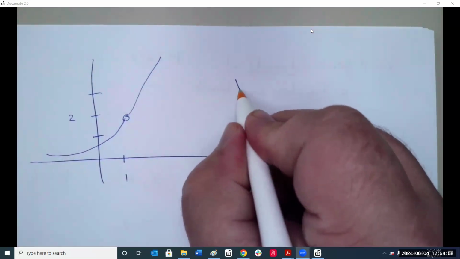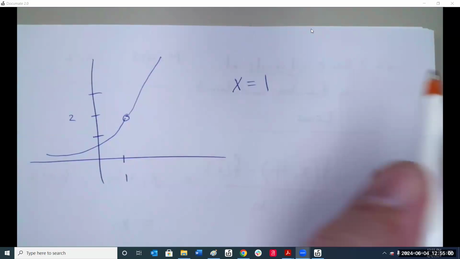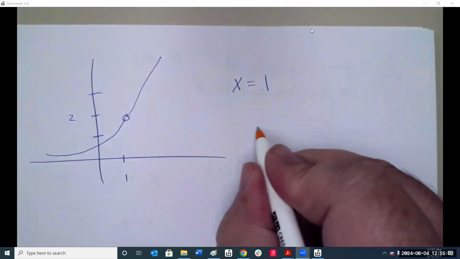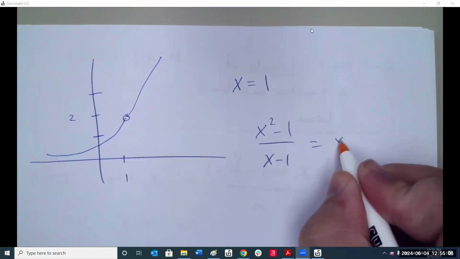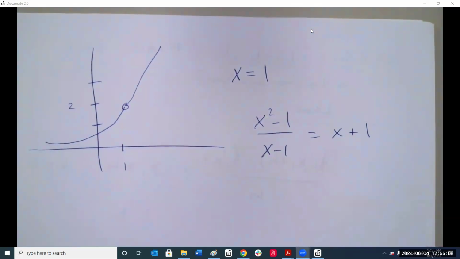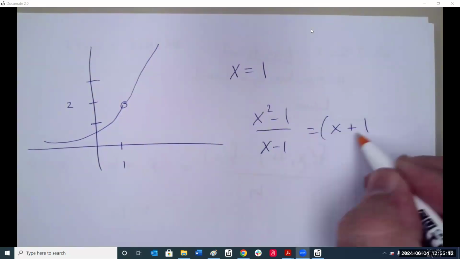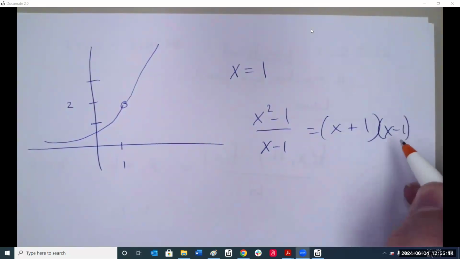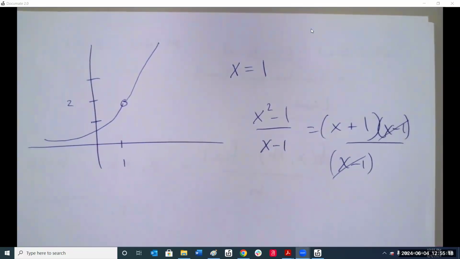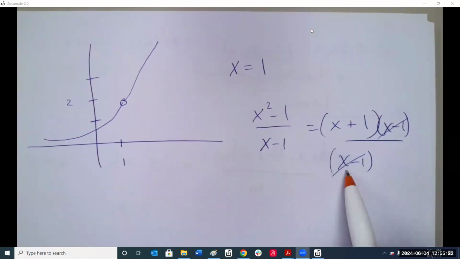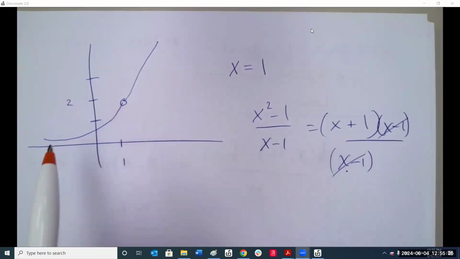Remember, we said, what does the equation look like at x equals 1? But because we factor out the x minus 1 part, because we took care of that part, we're going to have a hole. It's no longer going to be discontinuous at 1. It means now at 1, we're going to have a hole.